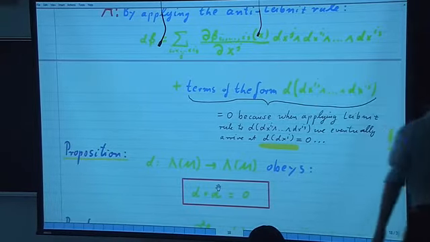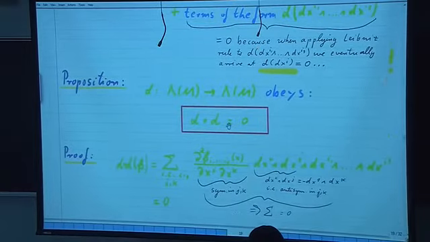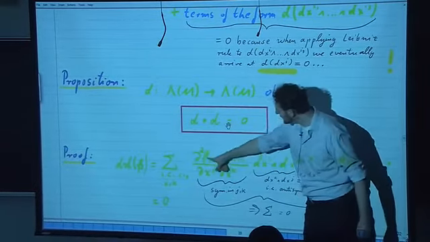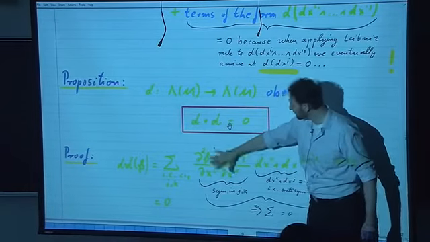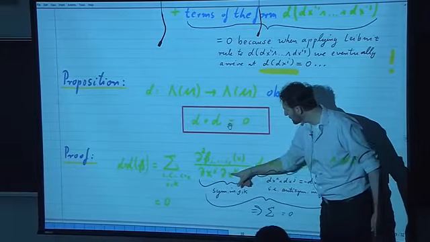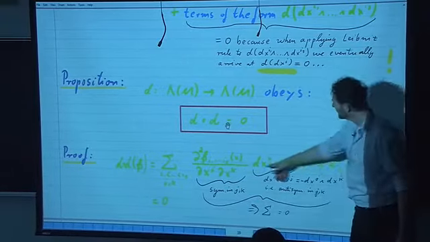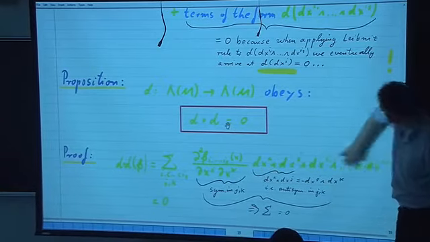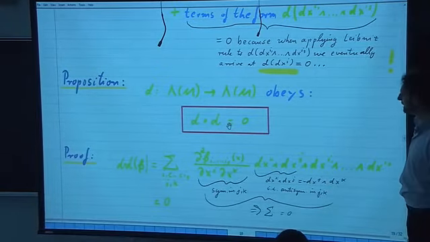That's all we have to do. Here's the outcome. d d beta is given by the second partial derivative, because one partial derivative we already had. Now we differentiate again with respect to all the variables. Then the dxk gets a dxk here as well. All those wedges. And that's 0.